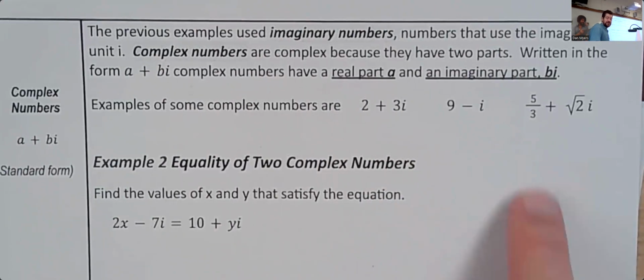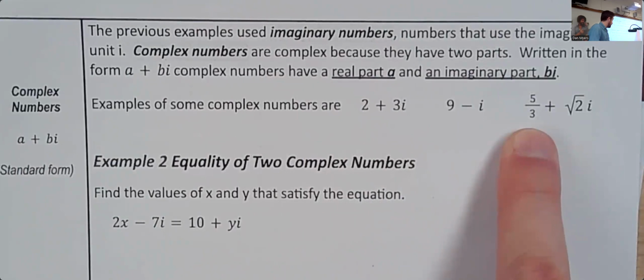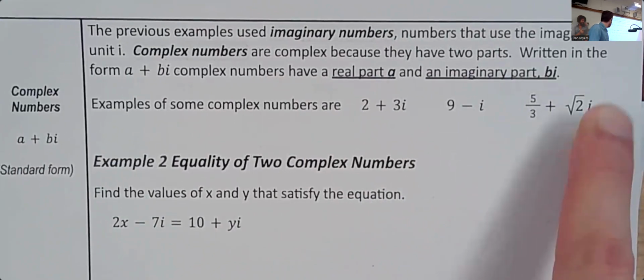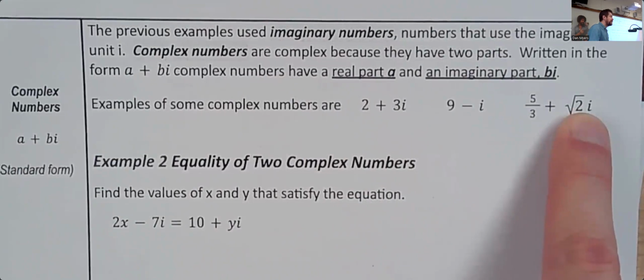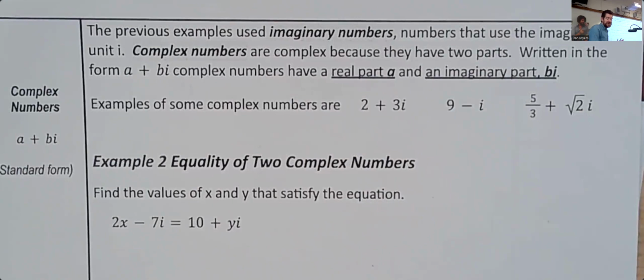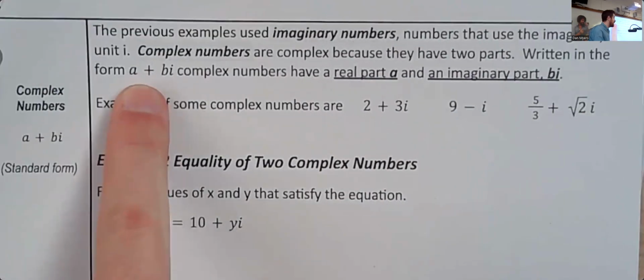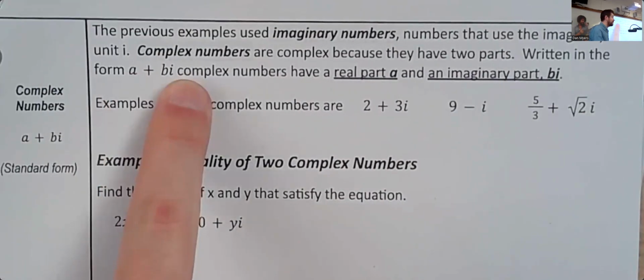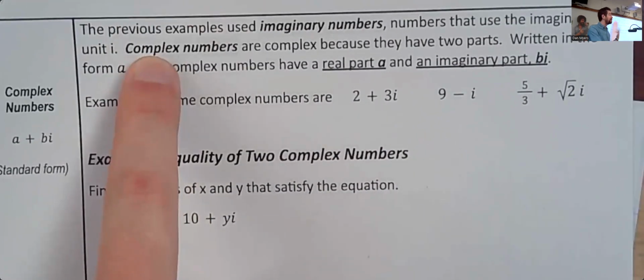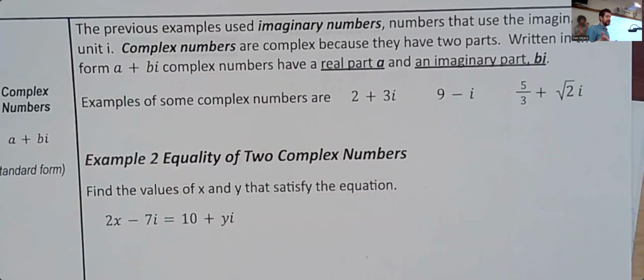And then this last one here, 5/3, that's a fraction, which is real, plus the square root of 2 times i. Probably should go with i root 2 on that one. But in general, they are in the form a plus bi, where a is your real number, and b is the imaginary part of that combination. So basically, complex because it's a combination of a real number and an imaginary number.